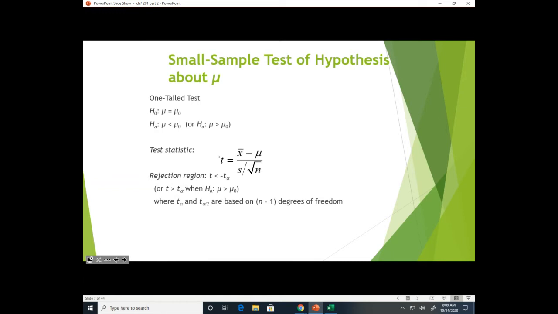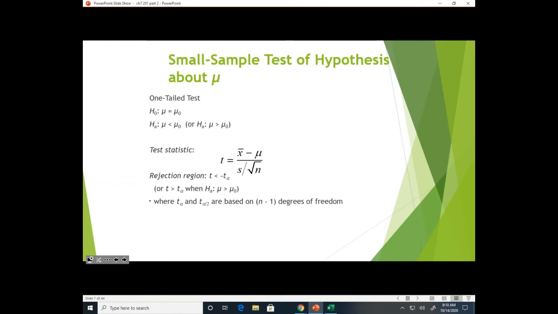And then that's when we could reject the null hypothesis. The test statistic is found basically the same way: our sample mean minus our population mean divided by the standard deviation divided by the square root of n. Our rejection region is when we find a t-statistic that is greater than our critical value, and we can reject the null. Otherwise, we would fail to reject the null.